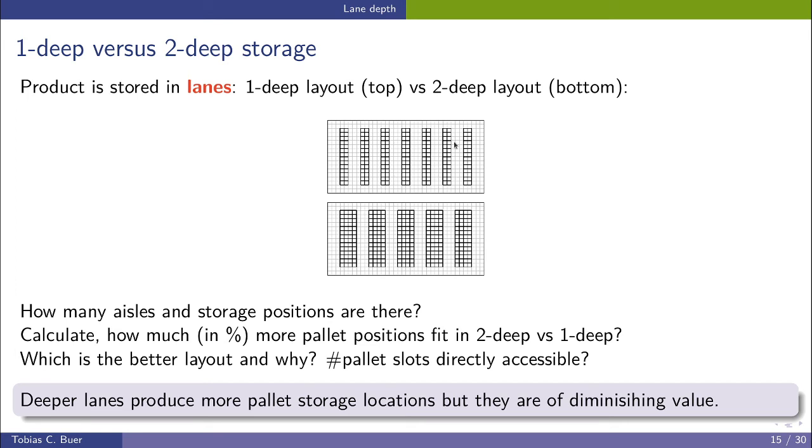In the upper layout, every pallet position can be directly accessed by a forklift. In the lower layout, all these positions here in the middle can only be accessed after the first pallet is removed, either from the left side or the first pallet from the right side has been removed.